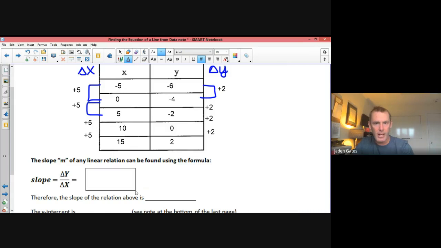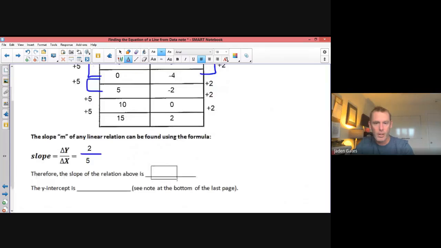In this case, our delta y was 2, and we are going to divide that by our delta x, which I look up here, is 5. So our slope is 2 over 5. So I'm going to put that in here. There's our 2 divided by 5.